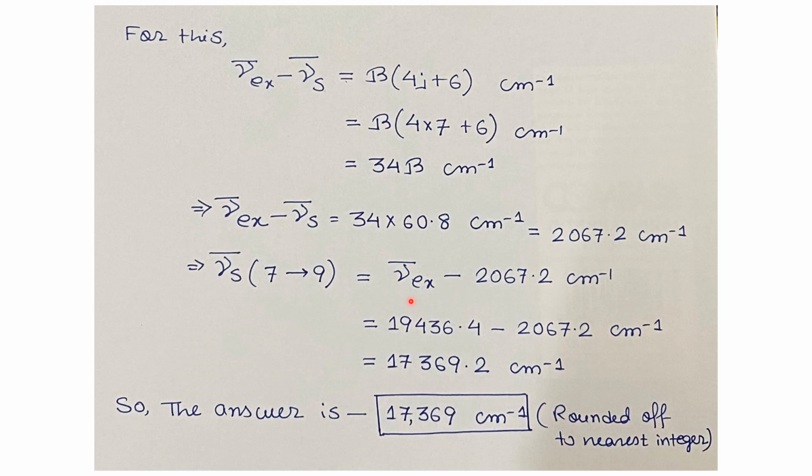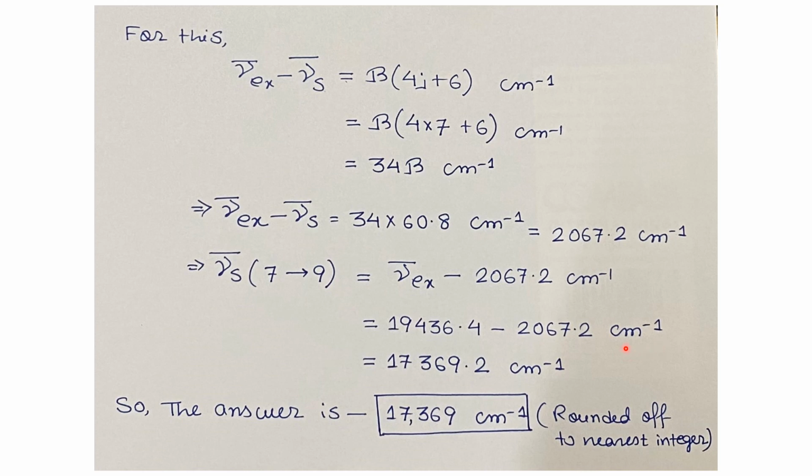We have already calculated the wave number for the exciting radiation, that is 19,436.4. So we'll put it here and we'll get nu S bar equals 19,436.4 minus 2067.2 centimeter inverse.